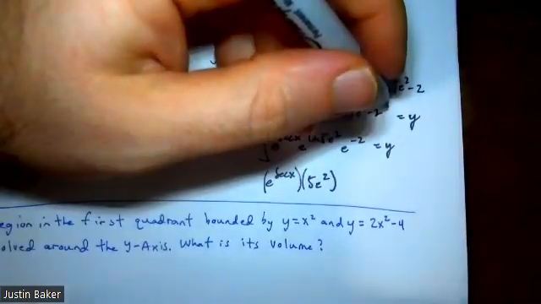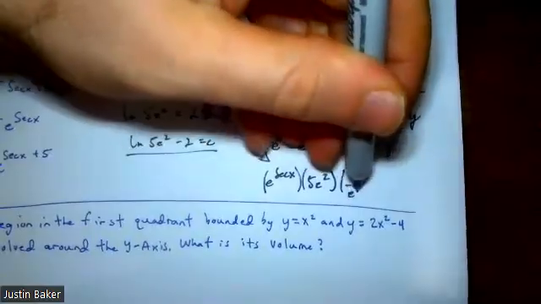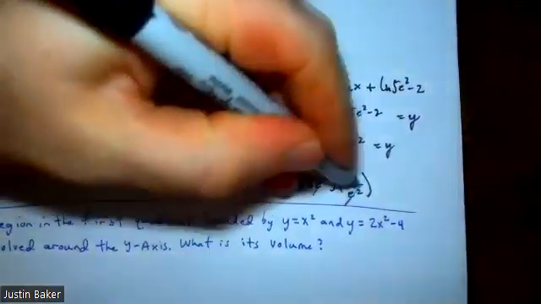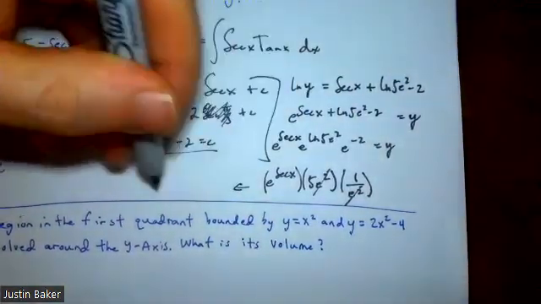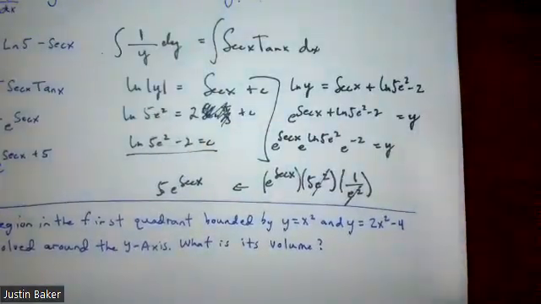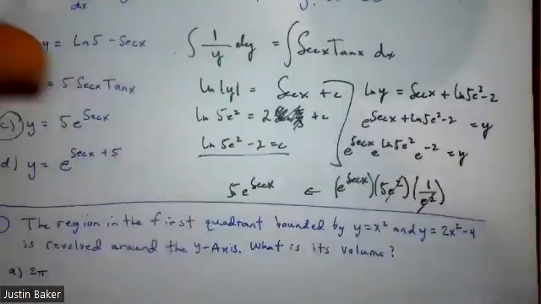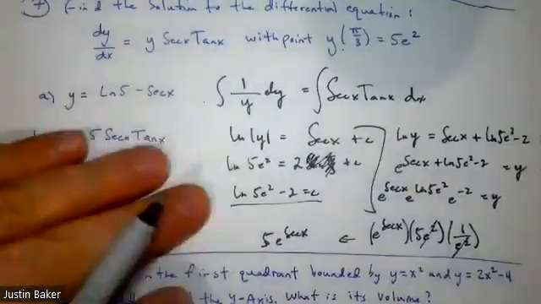And then the last thing I see is e to the negative 2. That would be 1 over e squared. So then that e and that would cancel. And that leaves us, I'm seeing 5e to the secant x. I'm coming up with choice C. Are we on board with that? Okay.